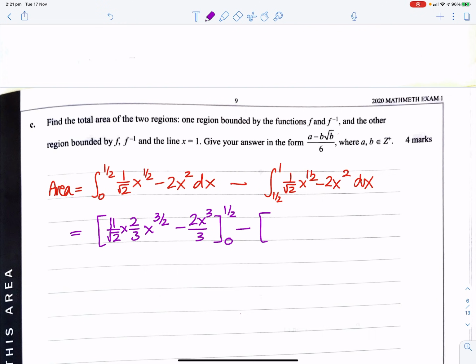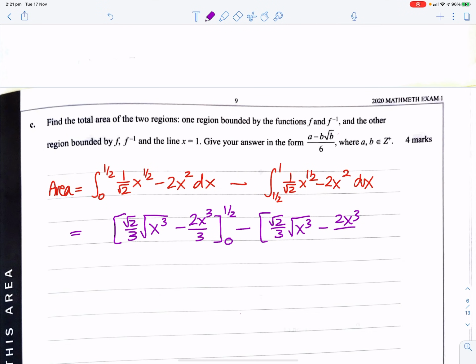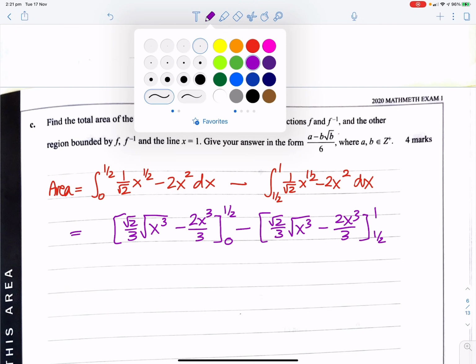Like if I multiply this by root 2 over root 2, they will cancel with that. So I end up with root 2 on 3. So root 2 on 3. This bracket's exactly the same. Root 2 on 3, x to the... Here I'm going to write x cubed square rooted. And here I'm going to write the square root of x cubed minus 2x cubed on 3 between 1 and a half.